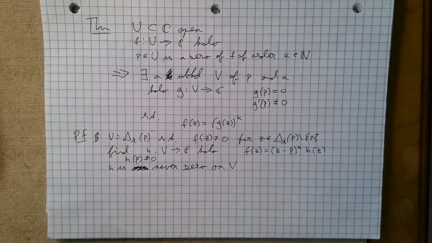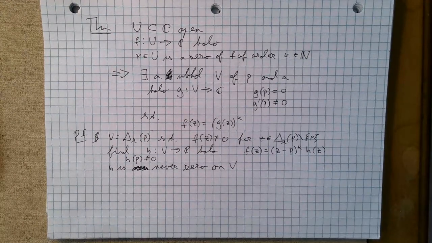Now if h is never 0 on V, V is a disk. It's simply connected. It's star-like. It's as nice as you want it to be. So that means that we do have logarithms. That means that we do have roots.